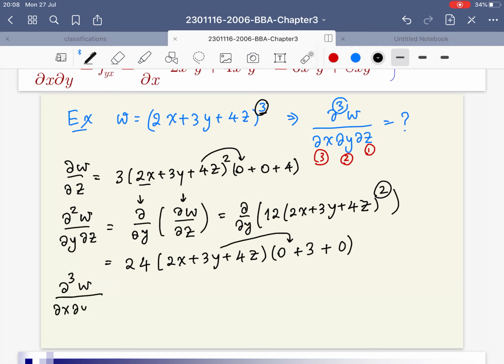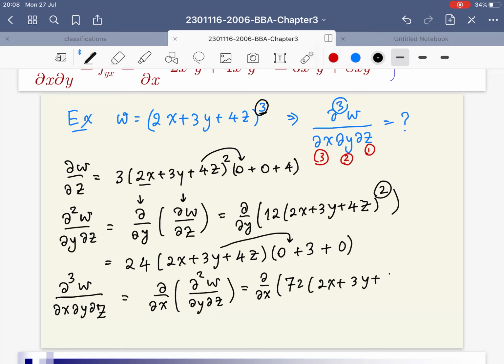And the last operator, you need to operate with d by dx of the one that you just did previously. So you have a derivative with respect to x of 72 and (2x + 3y + 4z).